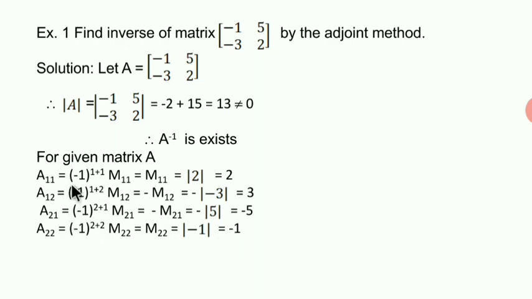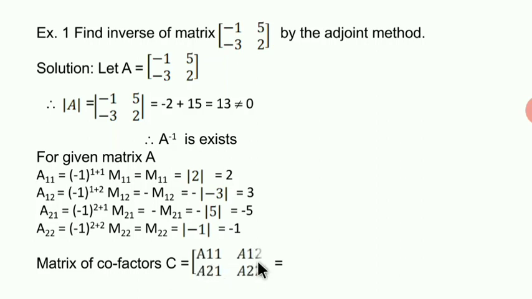Now using these cofactors, we write matrix of cofactor and then adjoint matrix. And so here matrix of cofactors C is equal to [A11, A12; A21, A22]. It is equal to the matrix [2, 3; -5, -1]. This is our matrix of cofactors. And from this matrix of cofactors, we get adjoint A. Adjoint A is what?